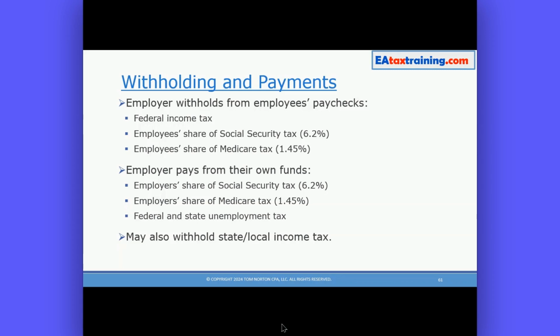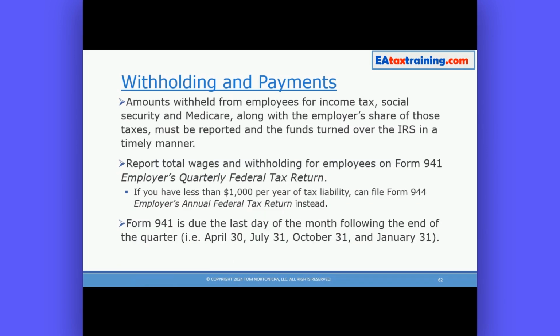So just know there's withholding from the employee's checks, and then there are amounts that the employer has to pay from their own funds. Amounts that are withheld from the employees for income tax, Social Security, and Medicare, along with the employer's share of those taxes, must be reported and the funds turned over to the IRS in a timely manner.